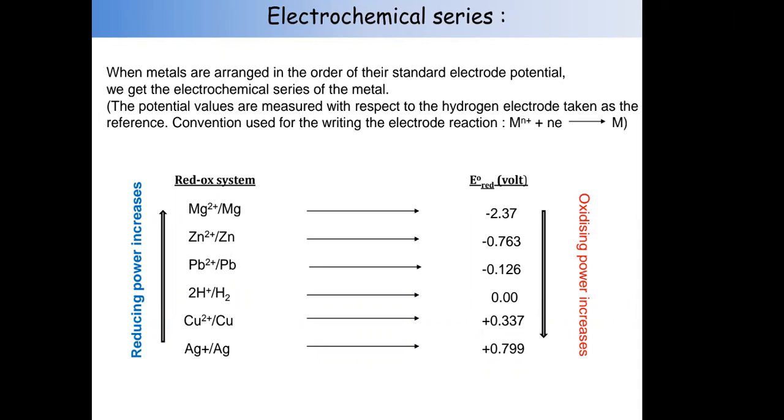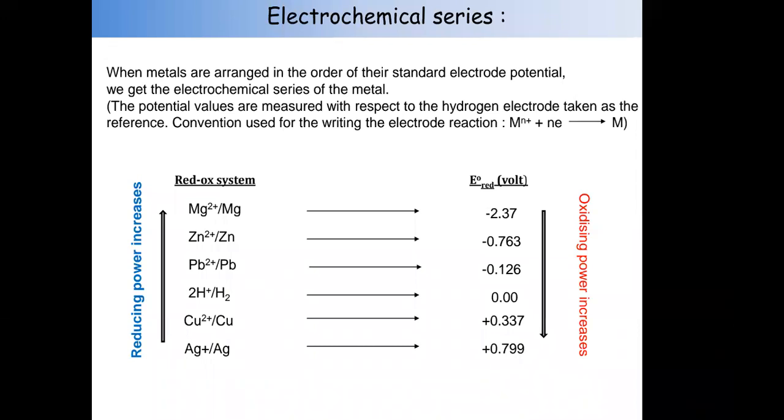If we arrange those metal ions and metals according to their standard electrode potential value, the series we obtain is known as the electrochemical series of the metal.